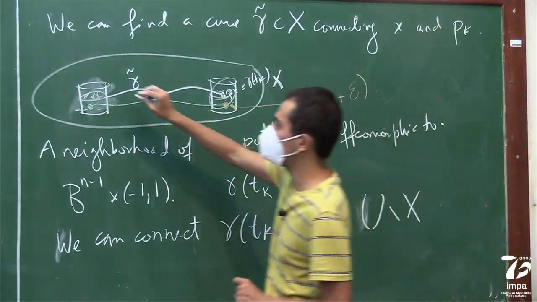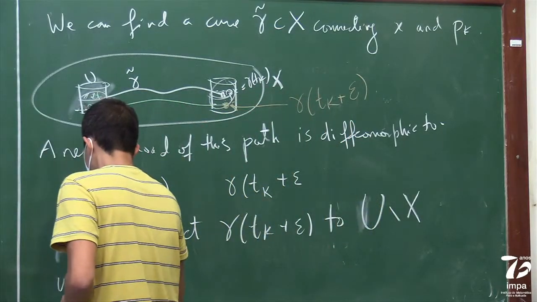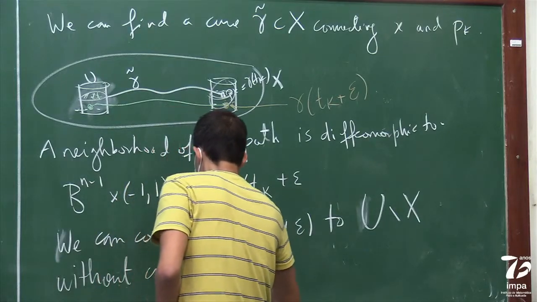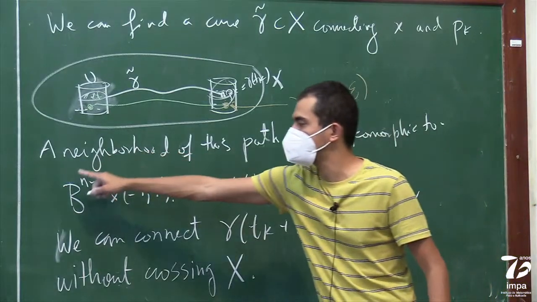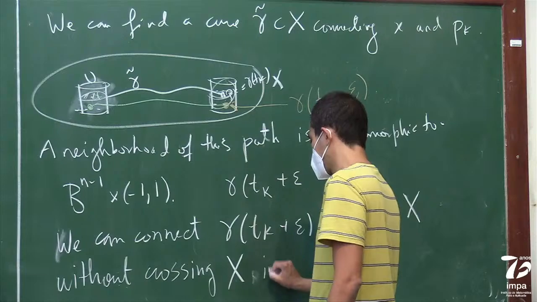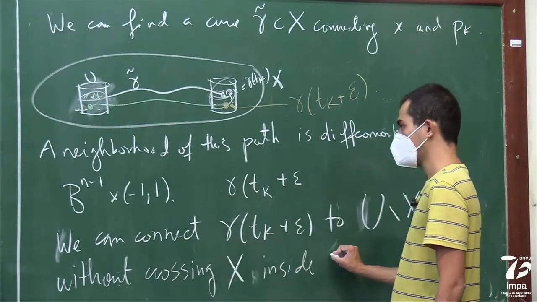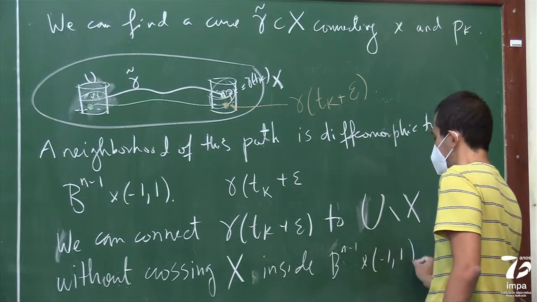So U is like my little neighborhood around x, without crossing x, and staying inside of this neighborhood, inside the tubular neighborhood, inside this B^(n-1) times (-1, 1).